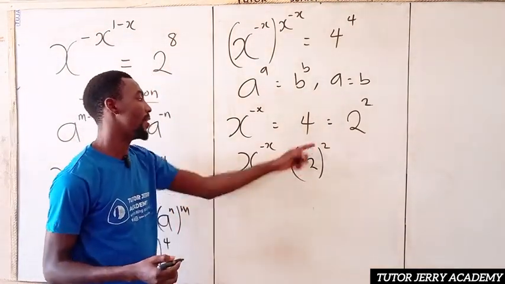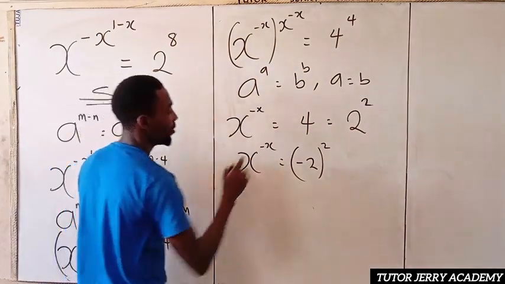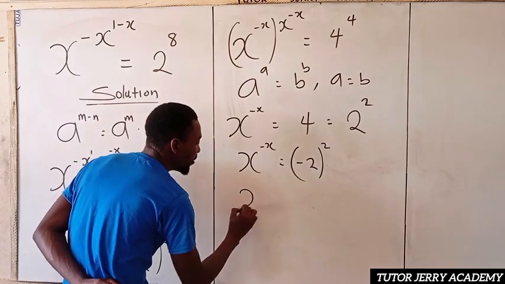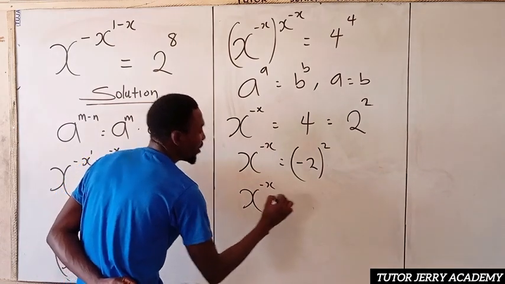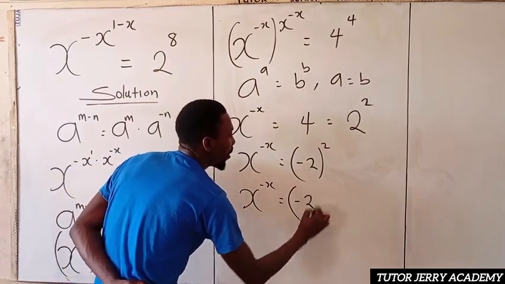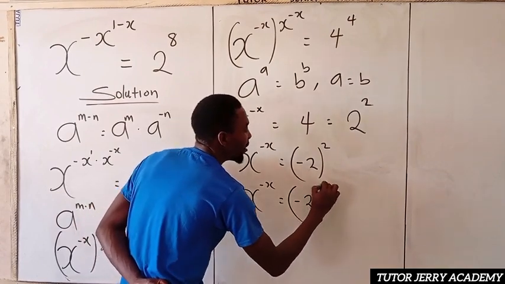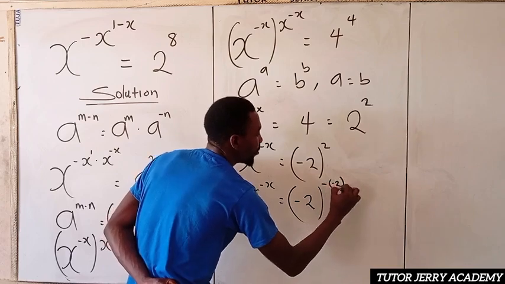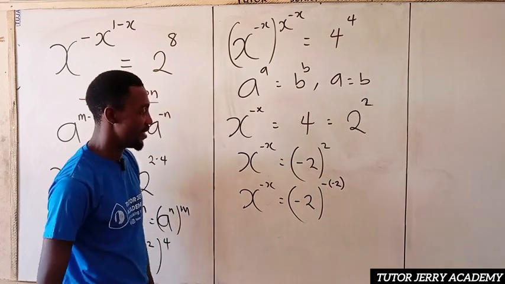Is that clear? All right. Now, we can therefore say that this is the same thing as x to the power of negative x equal to negative 2 to the power of negative 2. I hope you understand this.